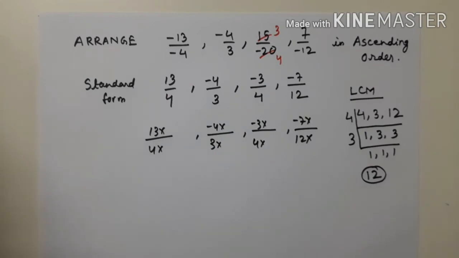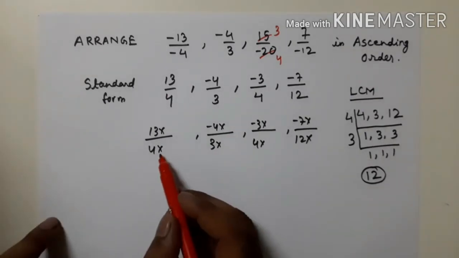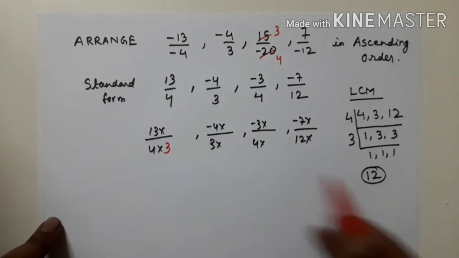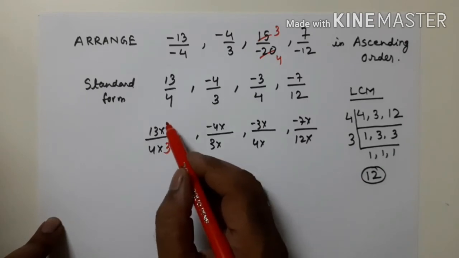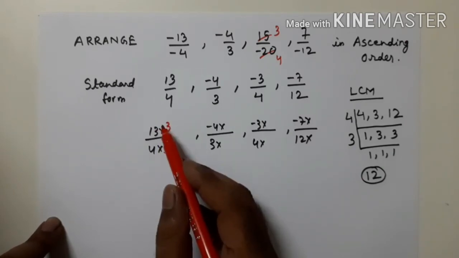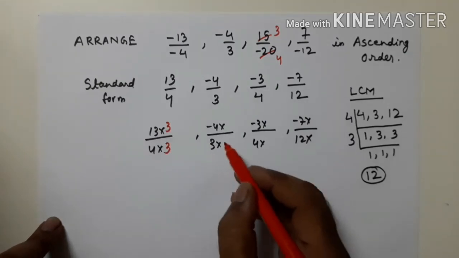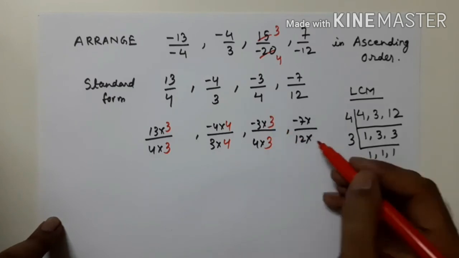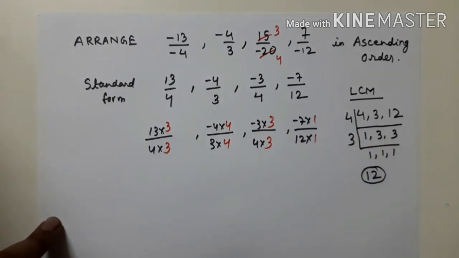So we can see here to get 12, 4 into how much we will do so that we get 12? You have to multiply by 3. So 4 3s are 12. So if 3 you are keeping, here also 3, because if you are multiplying to the denominator, you have to multiply to the numerator. Next we have 3. So 3 4s are 12, here also 4. 4 3s are 12, here also 3. 12 1s are 12, here also 1.